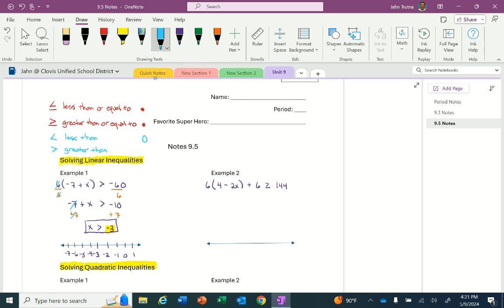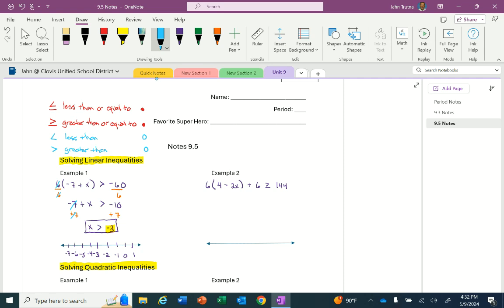And as you can see, as I'm writing it as I speak, I am showing you which inequality gives you which dot you put on your number line. So for the less than or equal to and the greater than or equal to inequalities, you put a filled in dot at your solution number on your number line.